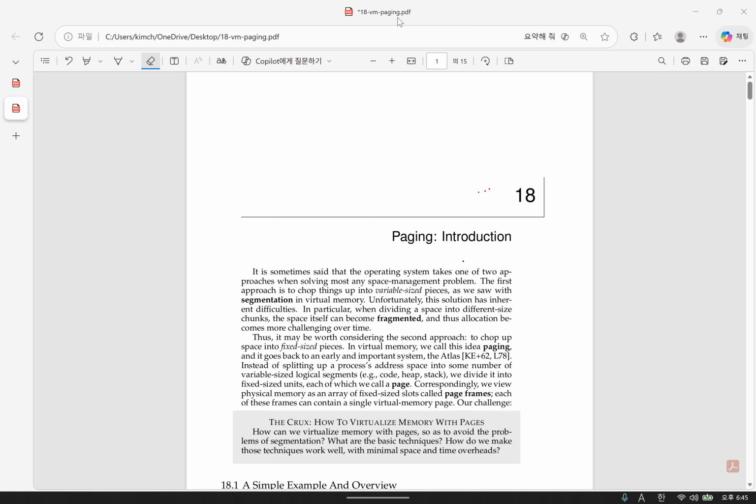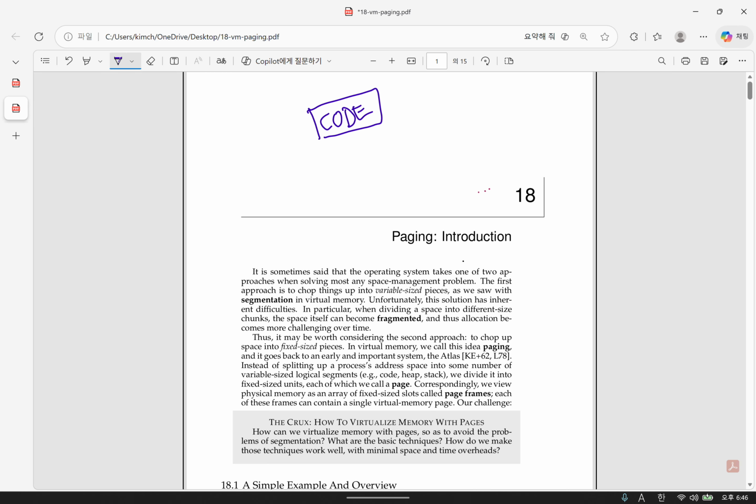The three segments don't have to be in the order that they were in the virtual memory, right? Basically, let's say there's a code segment, then the content of the code, let's say, is this much.